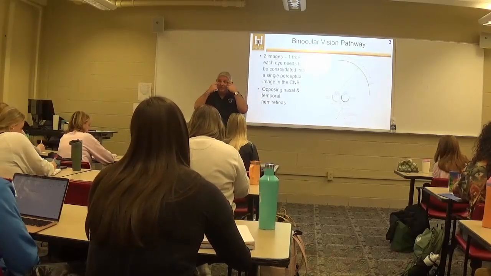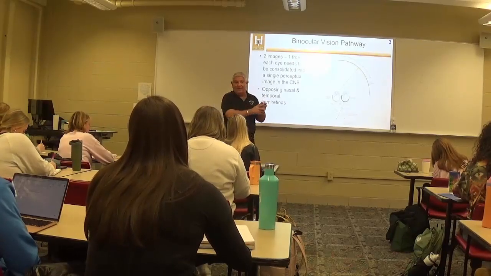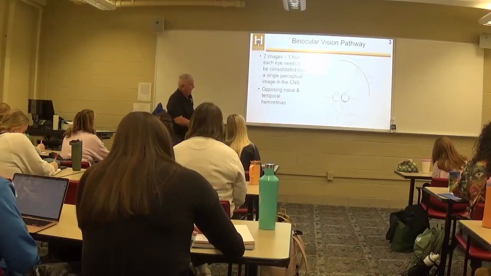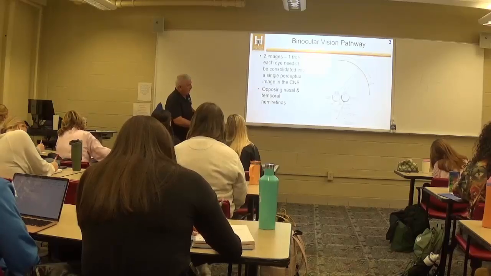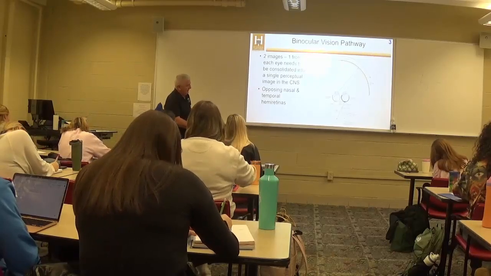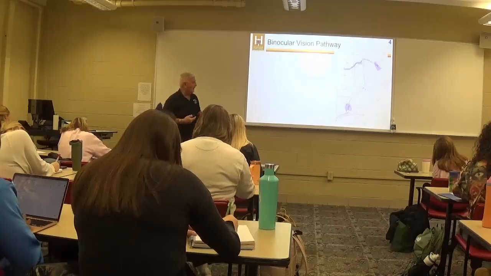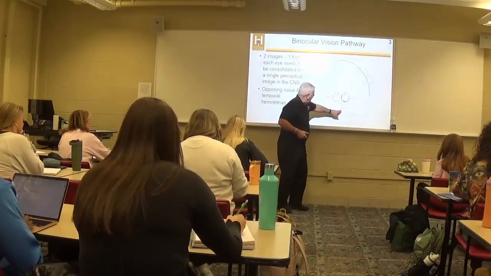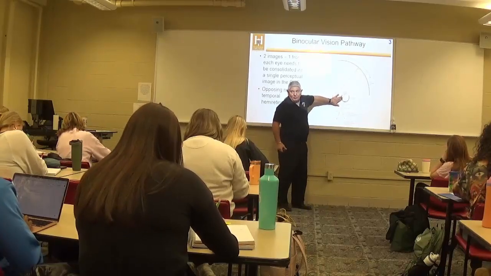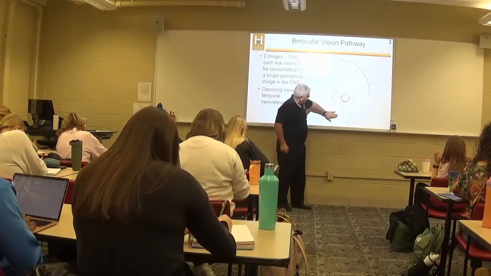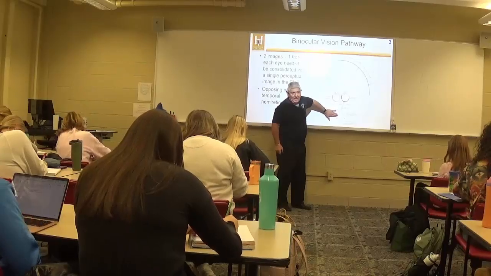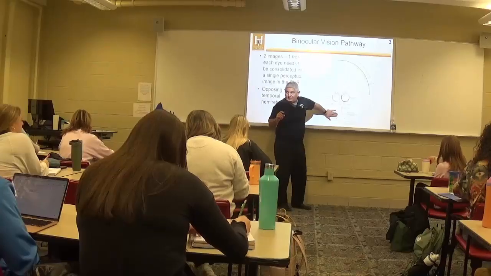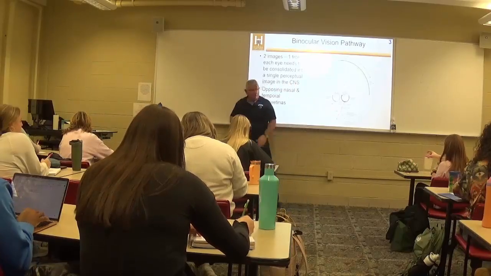And I have to take those two signals and align them in my brain, right? So half of each retina is matching up with each other, and that's what that optic chiasm is, right? That optic chiasm is where the nasal or medial portion of each retina is crossing over to meet up with the lateral portion from the other retina so that we get one image from both eyes.